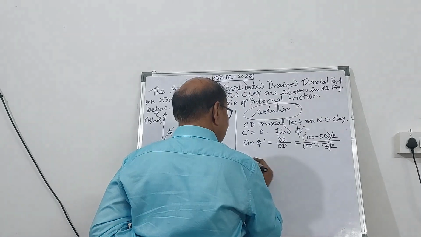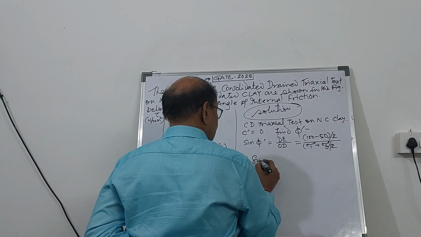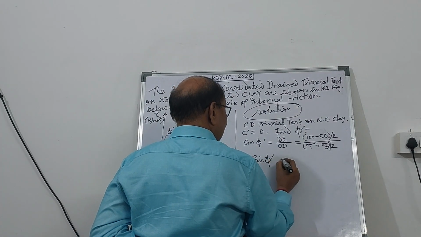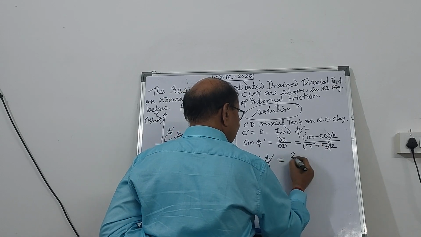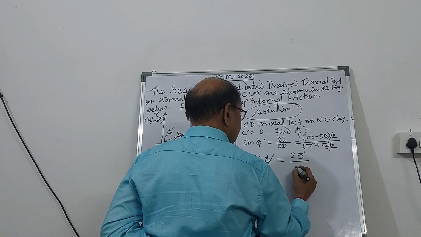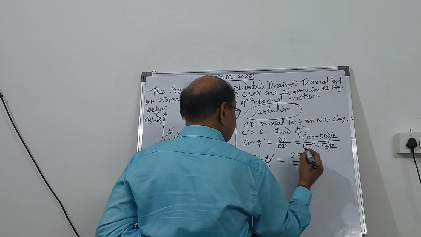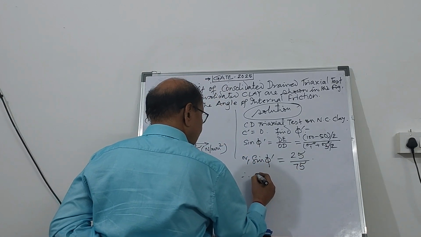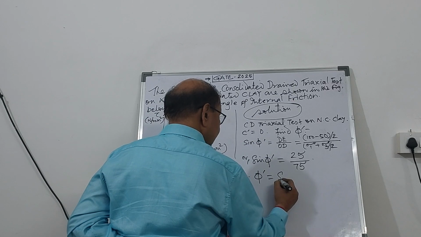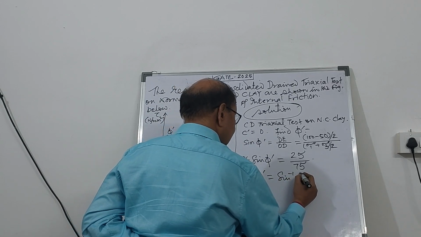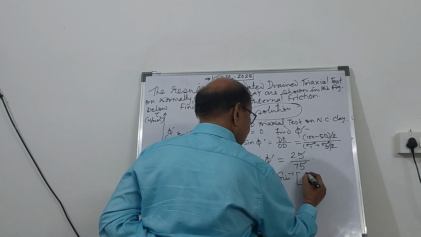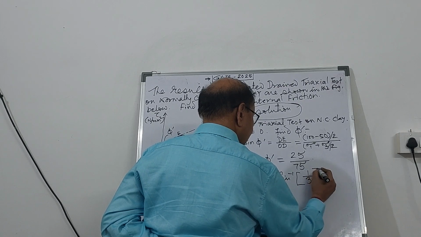So therefore sine phi prime equal to 25 divided by 75. Therefore phi prime equal to sine inverse 1 by 3.